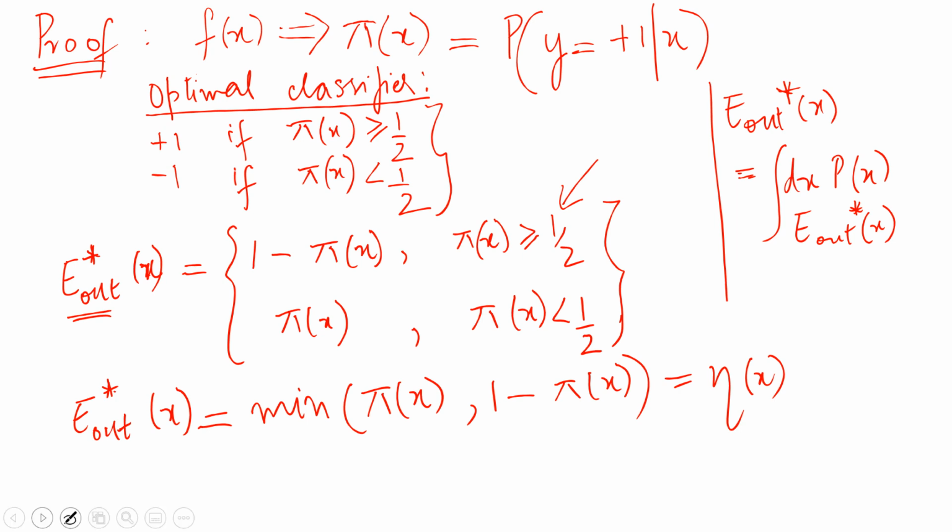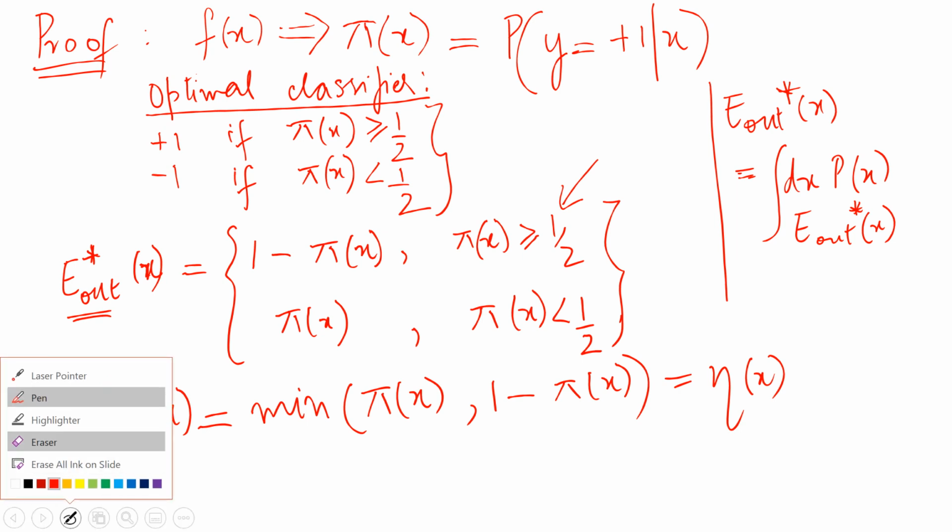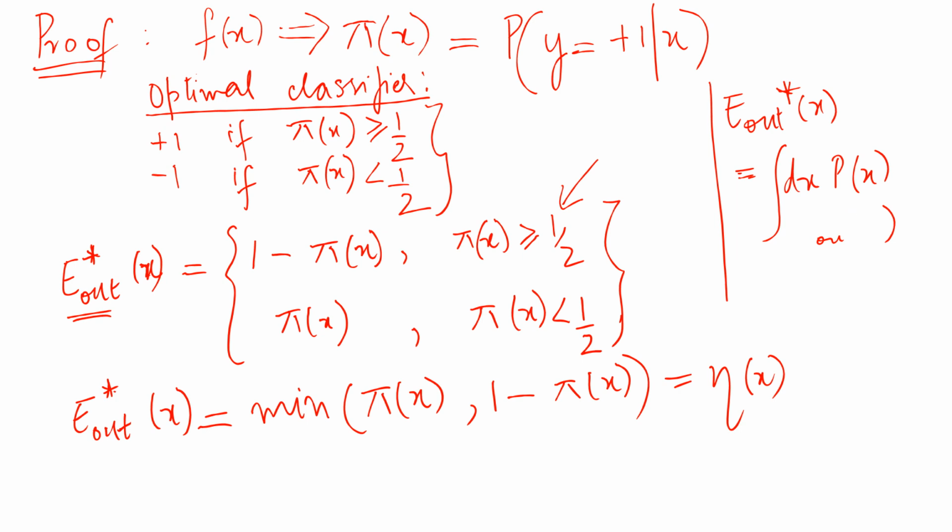Maybe I'll write it so as not to confuse anyone. I'll just try to fit it in there. Yeah, it's E out star of x. So basically the average of the probability of error. That's what we are talking about when we are saying E out of x throughout this.